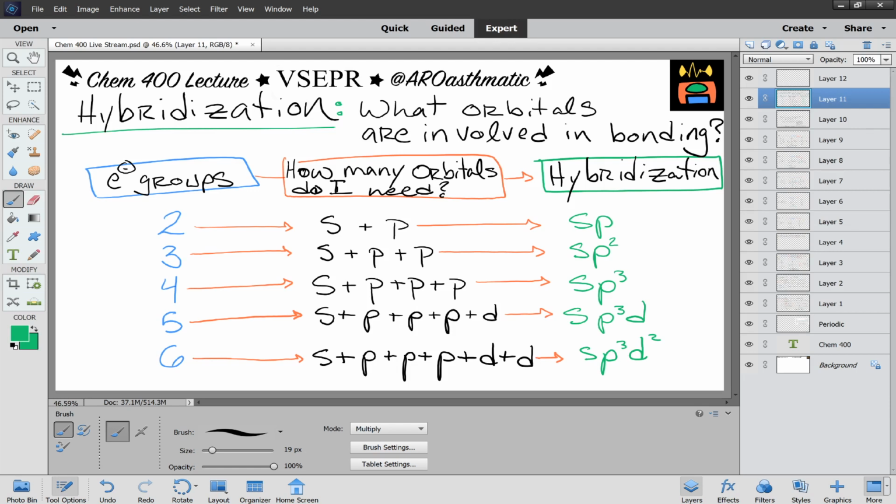And it turns out the energy gained from forming a seventh bond to a central atom is lower than the electron repulsion adding a seventh electron group would create.